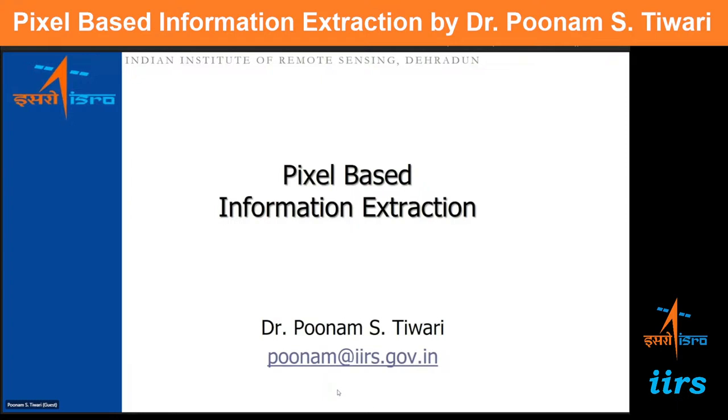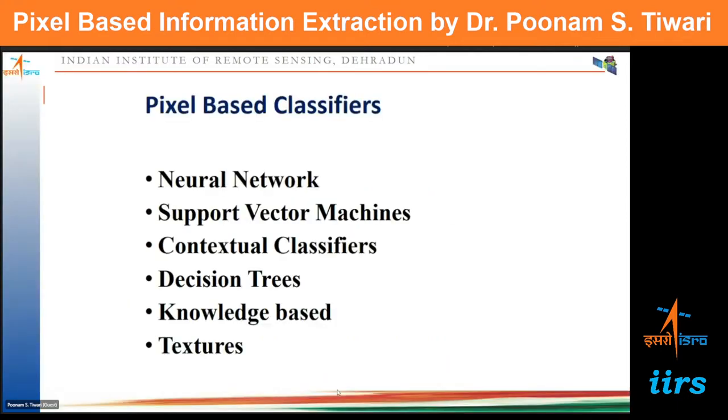There are pixel based methods, object based methods, and sub-pixel based methods for feature extraction. In which situation we have to use which type of extraction technique, that also we discussed yesterday. So today we will be starting with pixel based information extraction, or pixel based feature extraction.